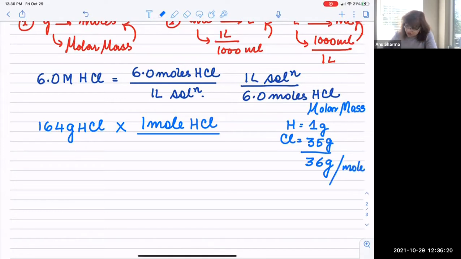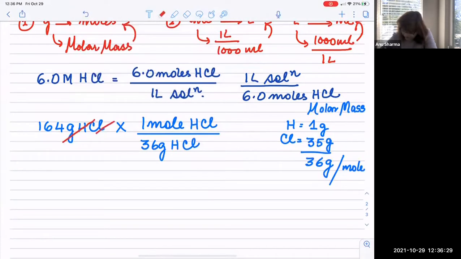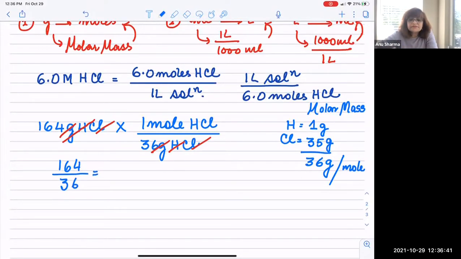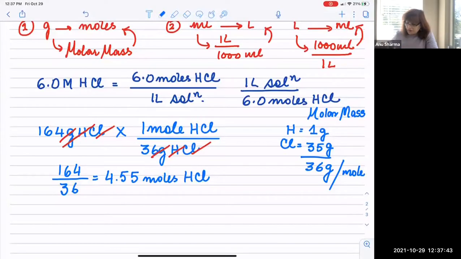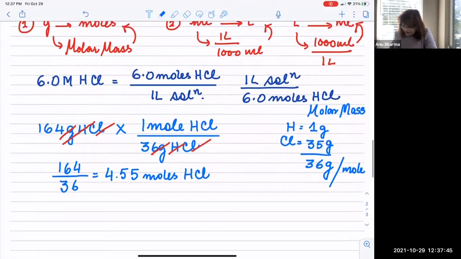So you put 36 grams of HCl, and the grams of HCl cancel out. You are left with 164 divided by 36, and we get 4.55 moles of HCl.